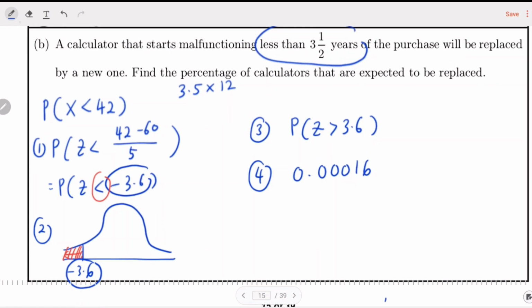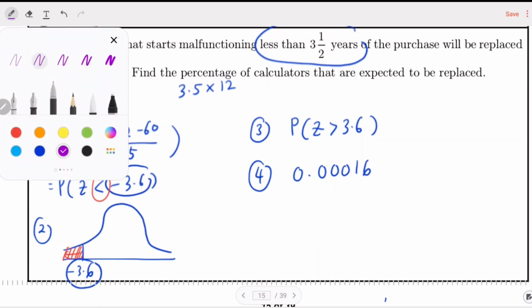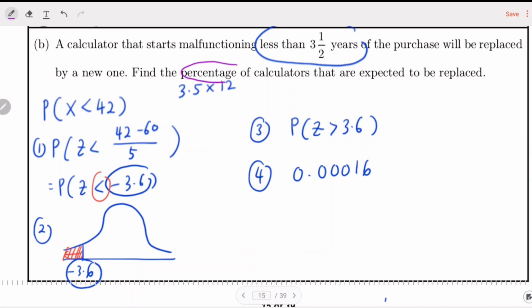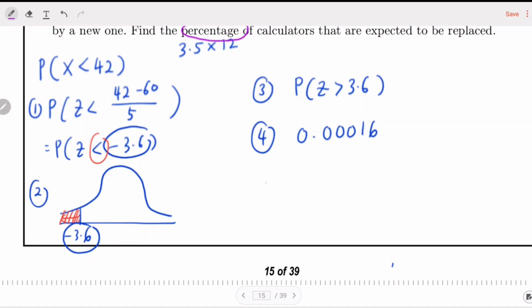And then, since we would like to find the percentage of the calculators that are expected to be replaced, we're going to calculate 0.00016 divided by 1, the total probability is 1, and then multiply by 100. We're going to have 0.016% of the calculators that are expected to be replaced.